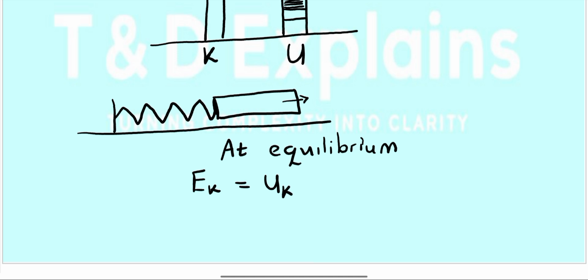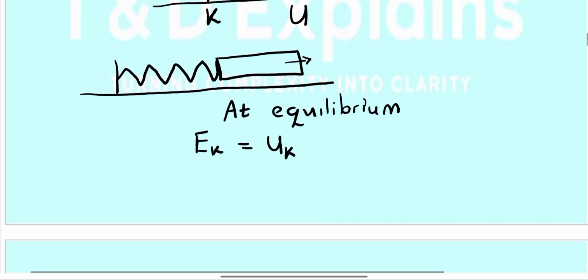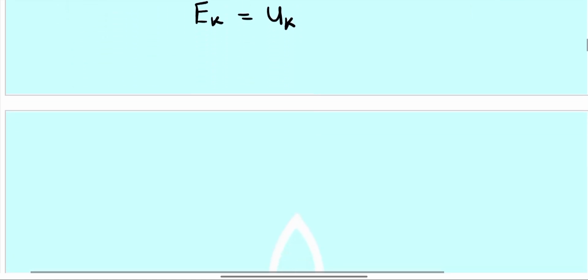This is one of the important things that we have to know. When the spring is released, it will be oscillating back and forth, which is why we call it periodic motion. When it reaches its center, kinetic energy equals the potential energy. But suppose now that the spring is fully stretched instead.